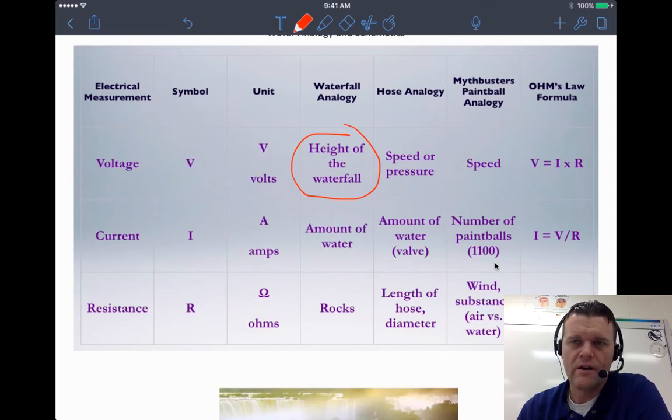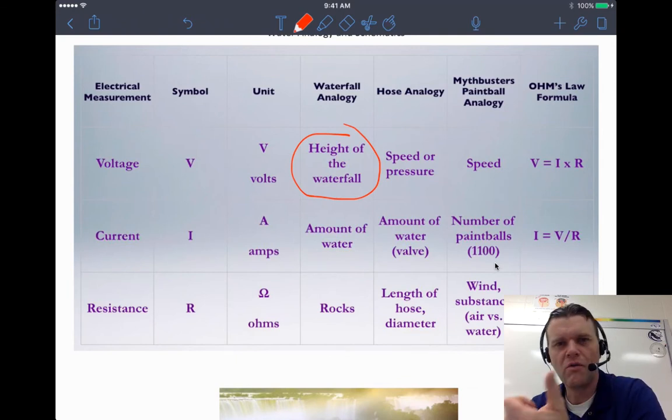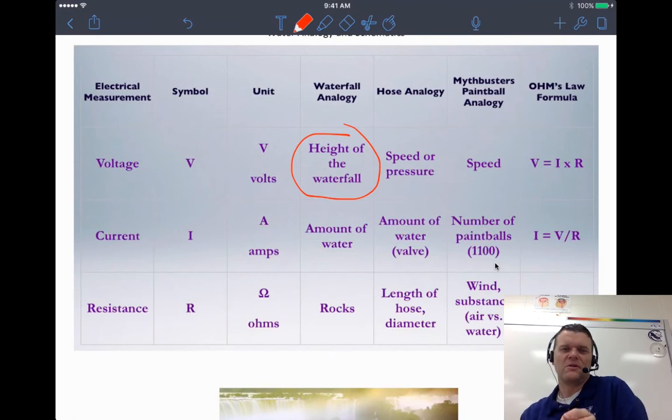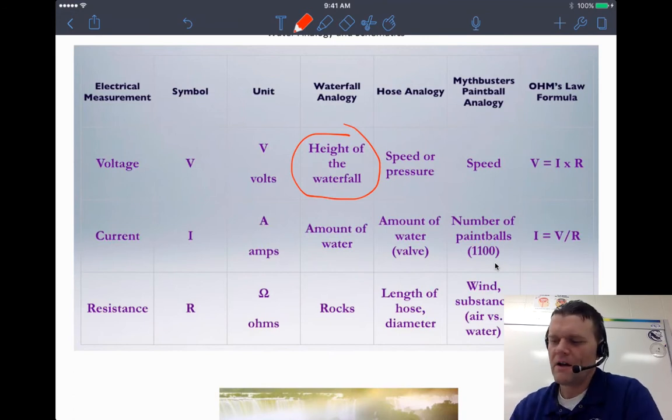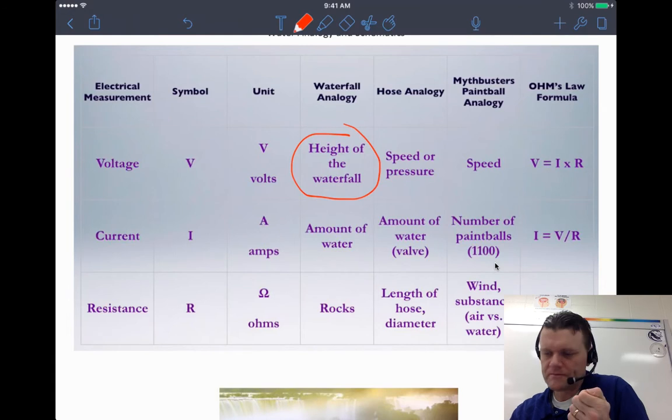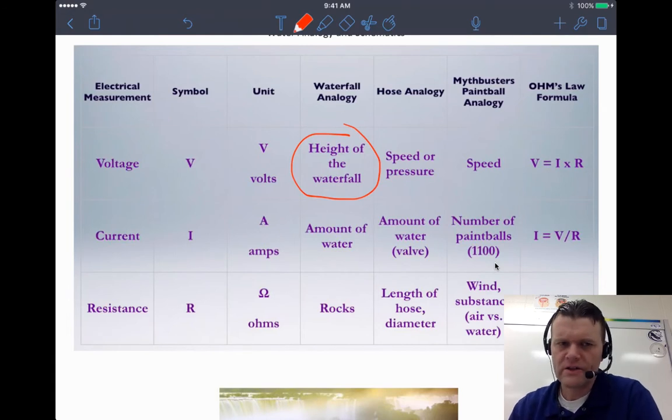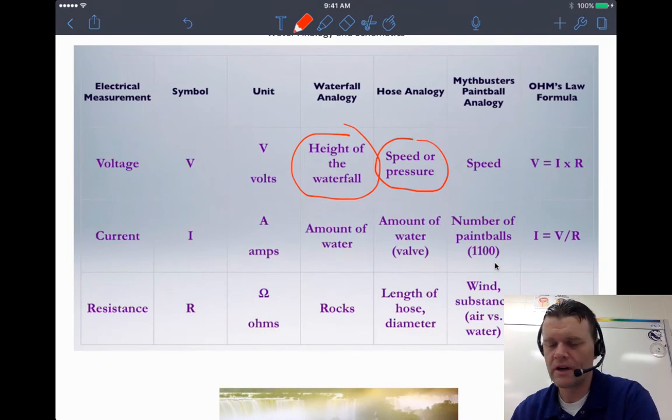The higher energy water will happen if you have a narrow hose, or if you take your thumb and put it over a garden hose. You guys have all done that in the summertime. You can change the speed or the pressure. So those are two really good analogies that might help you understand what voltage is, because just like in those examples for water, electricity is identical.